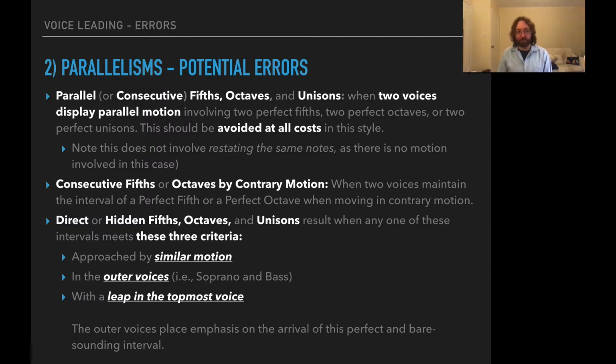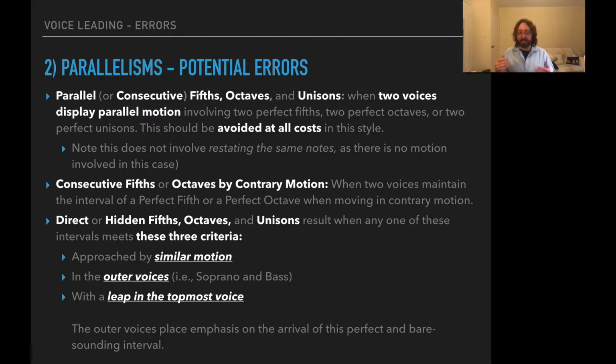Direct or hidden fifths, octaves and unisons: this concept is probably the one that is most frequently misunderstood. So I'm going to try to explain this step by step. When we encounter a direct or hidden fifth, octave, or unison, it is happening because all of these three criteria are met.